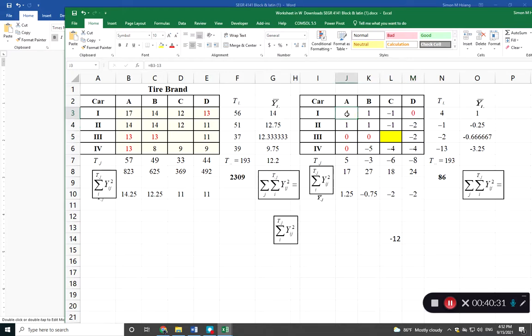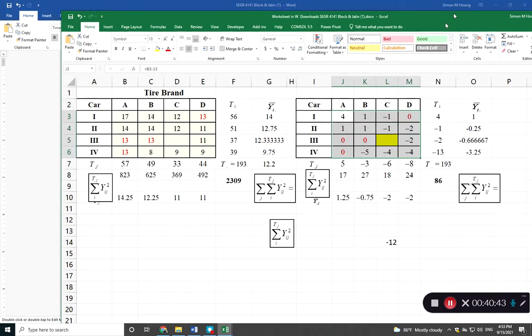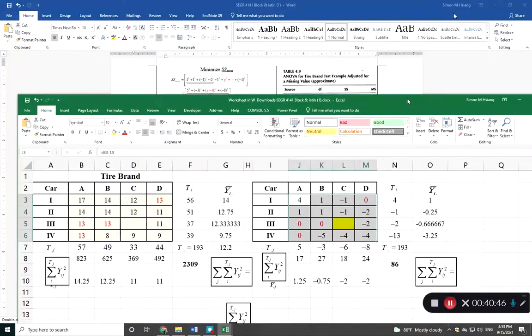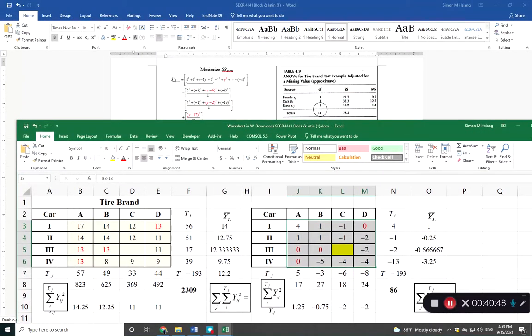17 is 4 above 13. 14 is 1 above. 12 is 1 below. So now I have some values above, some below 13. And then those things constitute my sum of square error.